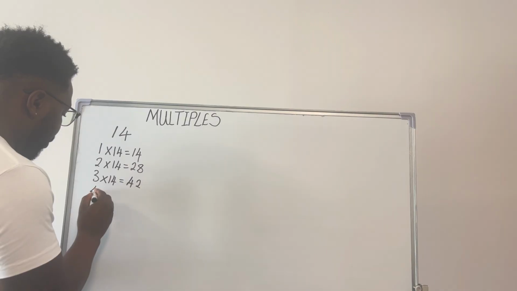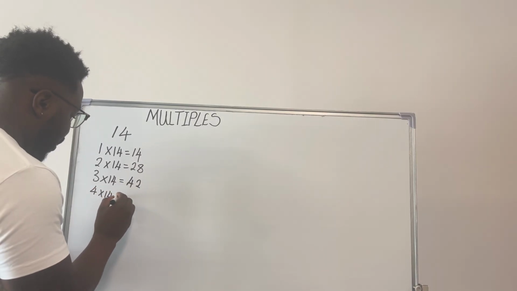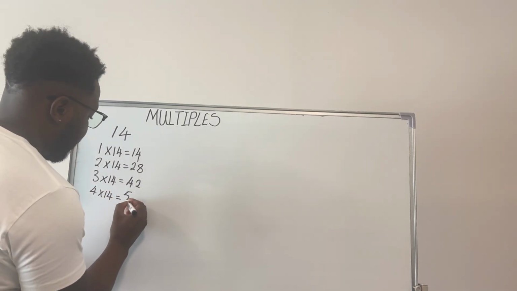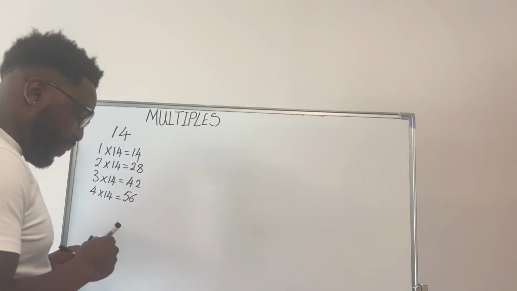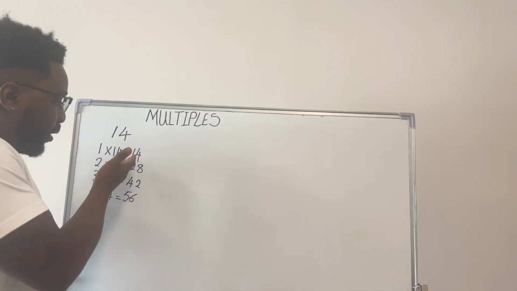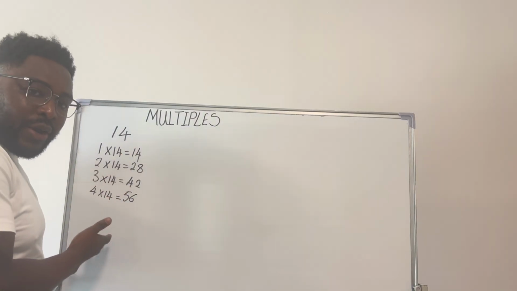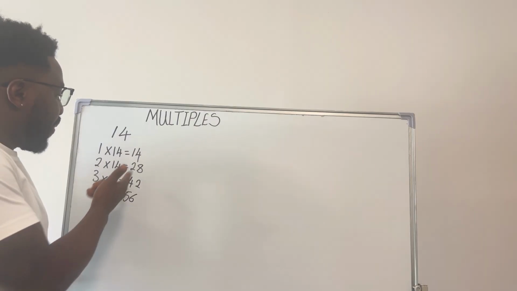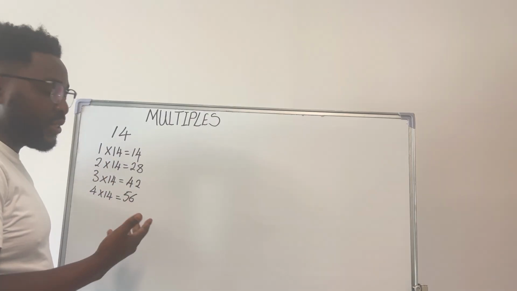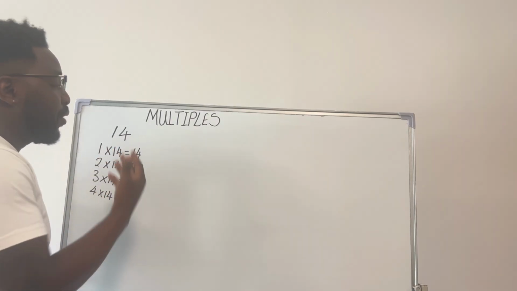And 4 by 14 will give us 56. So you see, the numbers keep on going and going, right? But now I've only done the first 4 multiples of 14.